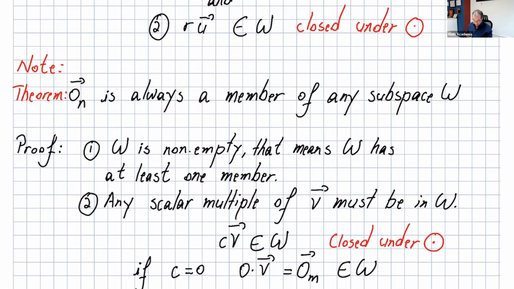We said that W is a non-empty set. That means W has at least one member.